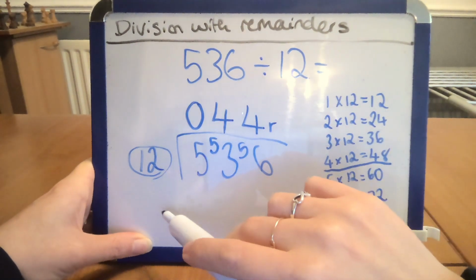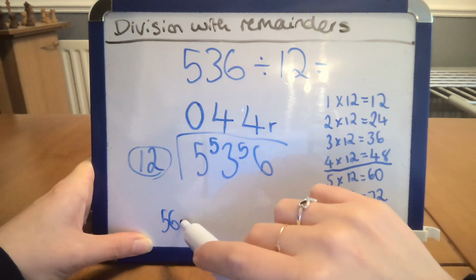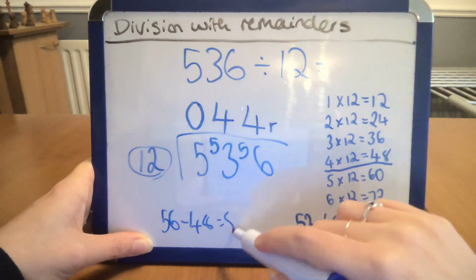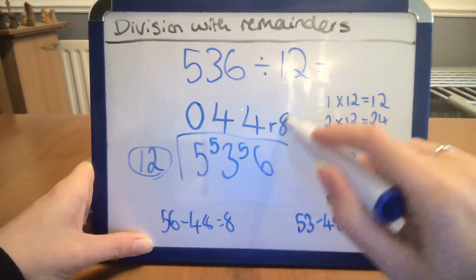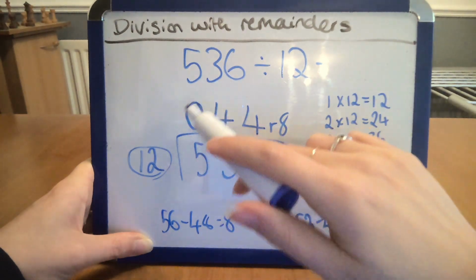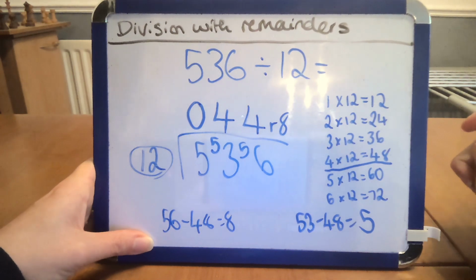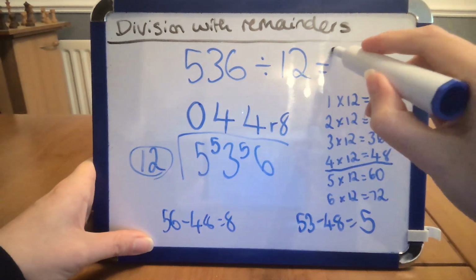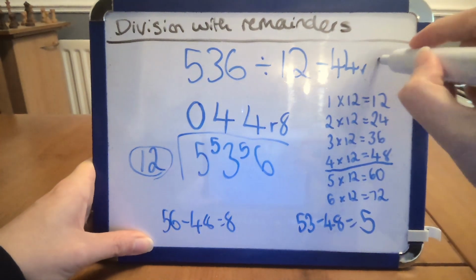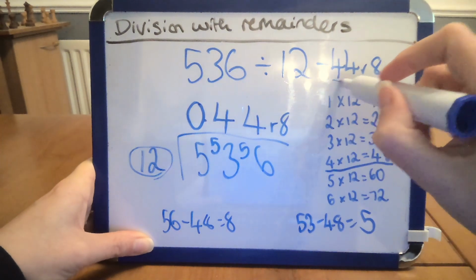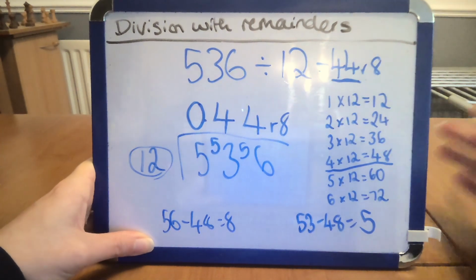And then I do 56, take away 48, would leave 8 left over. So it's 44, remainder 8. Now this 0 that we have here is actually just a placeholder. It doesn't actually need to go into our number. So our answer is 44, remainder 8. We have taken that 0 away because this 44 is a whole number and it doesn't need a 0 at the beginning.